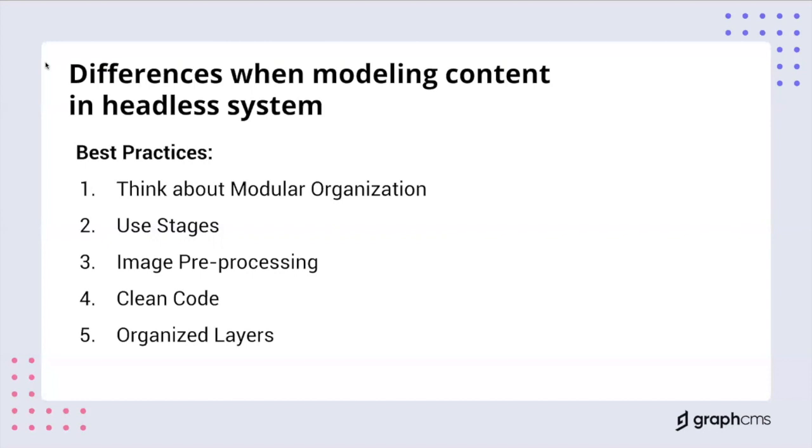We want to think before we do things, so we do the best way we can. And that is related to organized layers, because we try to separate different pieces of the project in different places. So we have a place that deals with API calls, which is separate from the layer that does presentation.